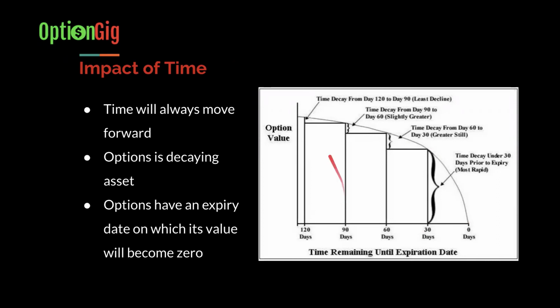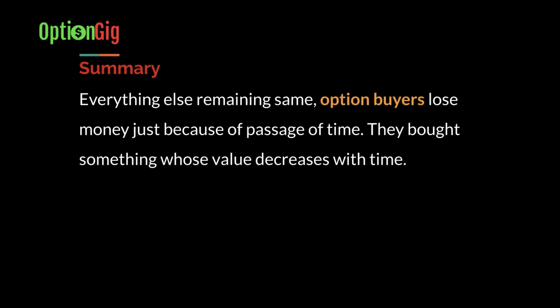So if I buy an option here, I'm actually buying something which I know will decay over time. Assume everything else stays the same. Your stock price doesn't move and your volatility doesn't move over that, let's say, 30 days period. Even in that case, the option pricing will continue to decline because of what's generally termed as theta decay.